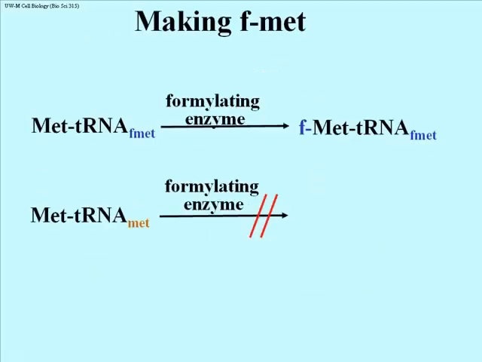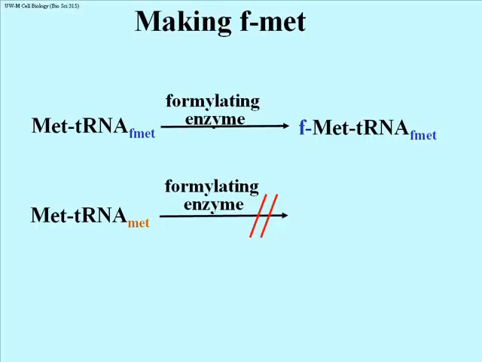There is an enzyme in E. coli which has been isolated, which has the ability to recognize methionine when it's bound to the tRNA sub-fmet, and that formylating enzyme catalyzes putting a formyl group on the amino end of methionine.